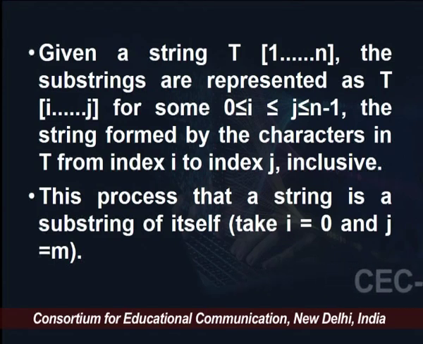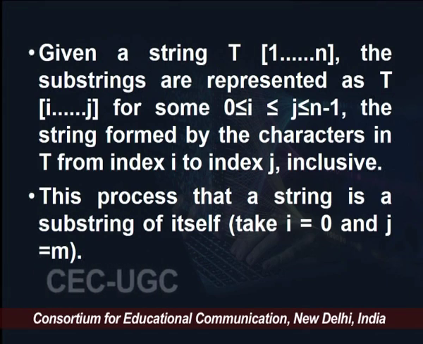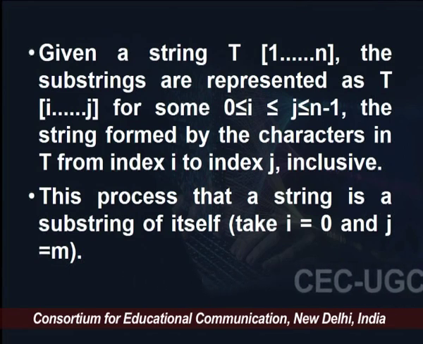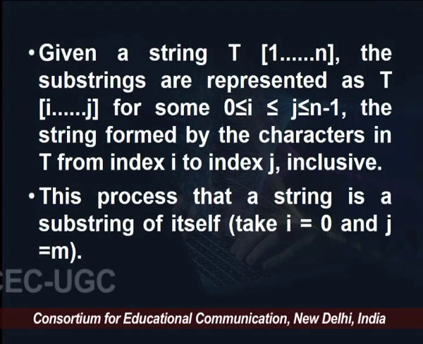Then this process, a string is a substring of itself. That means the string in which we are looking and the substring which is being looked for can both be the same, which is also a possibility.